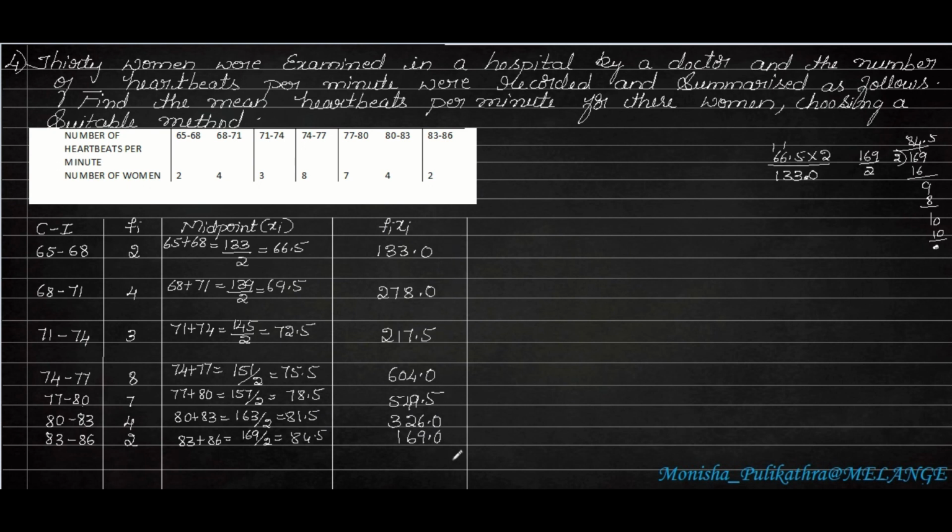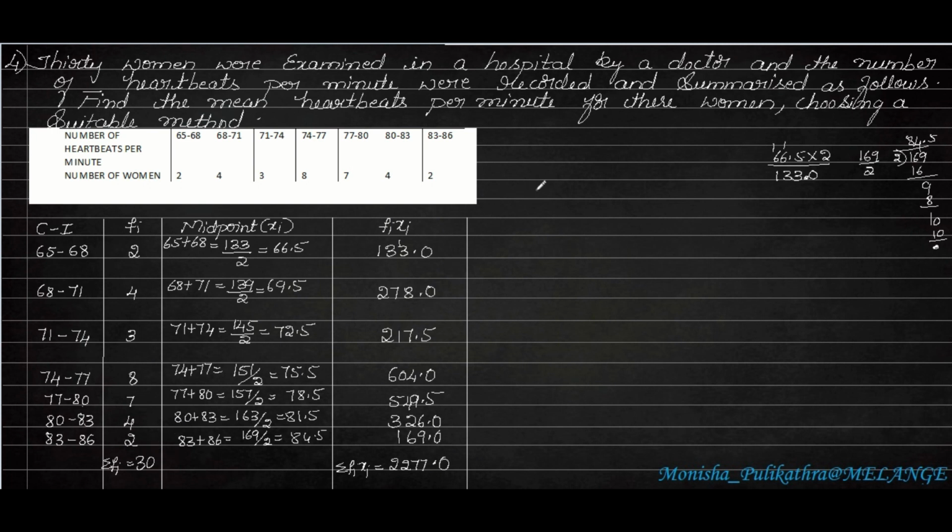So here 5 plus 5, 10. Okay, summation Fi xi. So here 5 plus 5, 10 will come. So 1 carry. So if you add it, you will get 2277.0. So this is the answer for summation Fi xi, and for summation Fi, if you add this, you will get the answer 30.